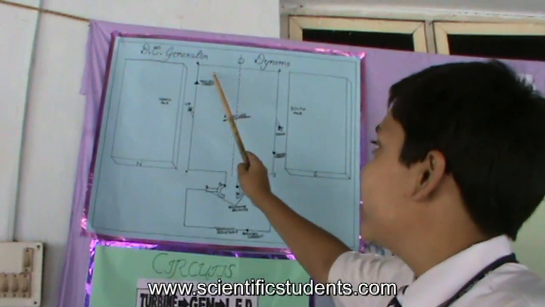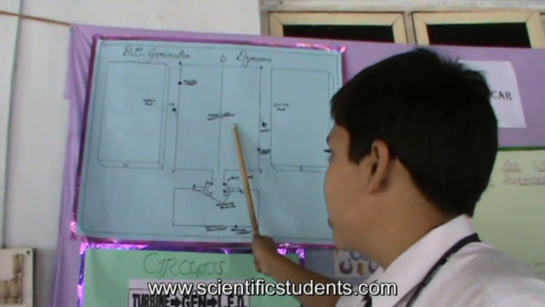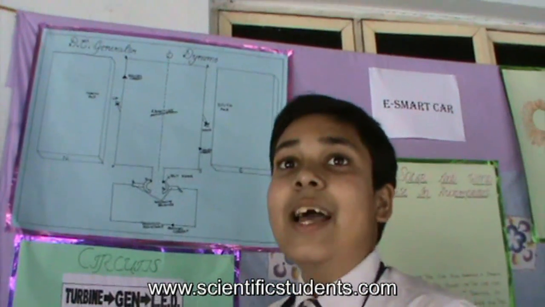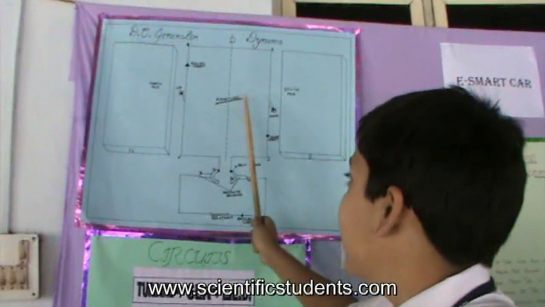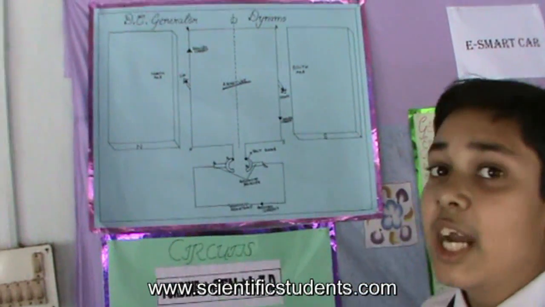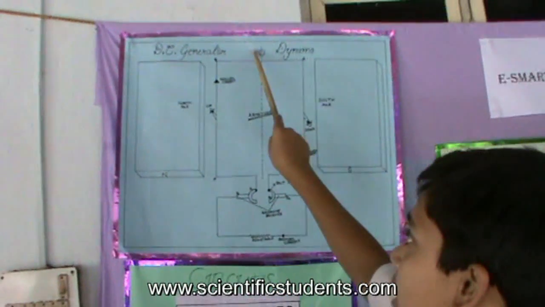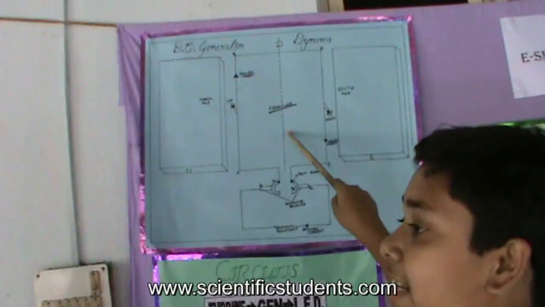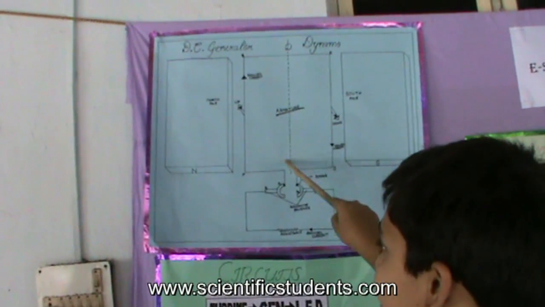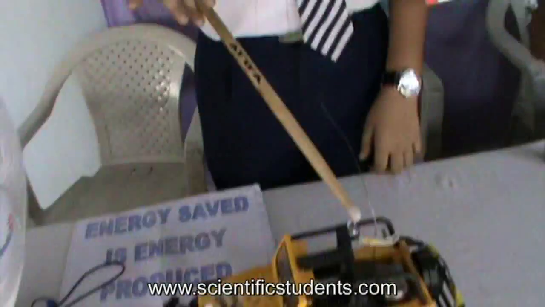We have connected a fan here. When the fan rotates, the armature rotates with it. This produces a change in the magnetic lines of force. When the armature moves in the uniform magnetic field, it produces energy. So the wind energy from the fan is converted into mechanical energy in the dynamo, and this is converted into electrical energy through circuits.